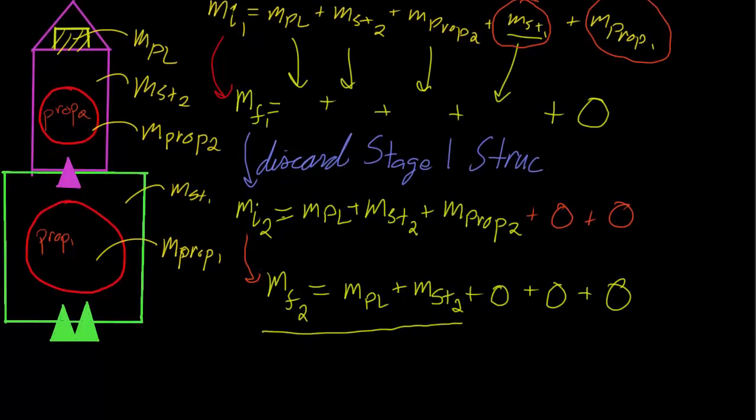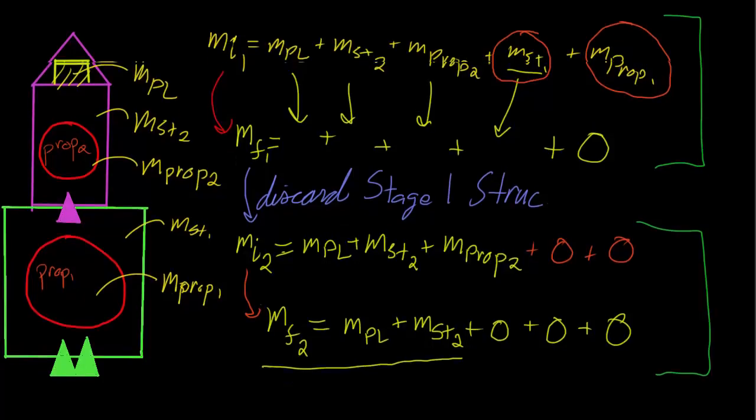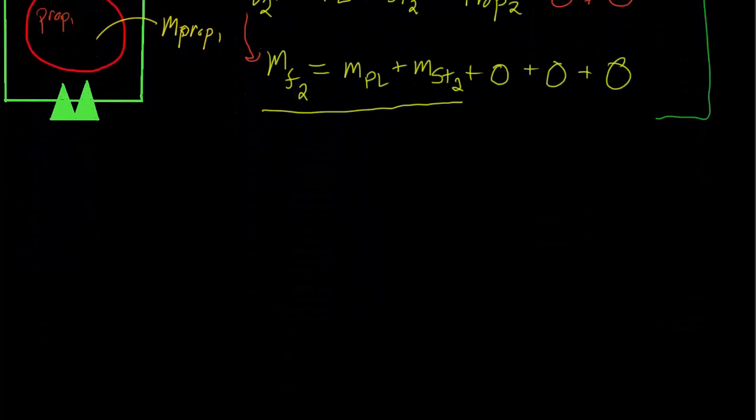Since we have two distinct stages, which I will bracket right here, we can write two distinct change in velocity equations. The change in velocity for stage 1 is equal to the exhaust velocity of stage 1 multiplied by the natural log of the initial mass for stage 1 divided by our final mass for stage 1.